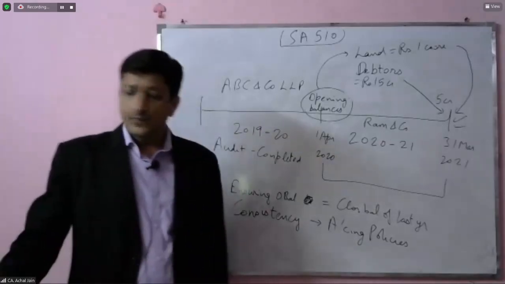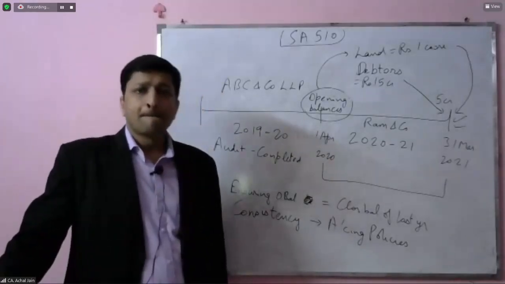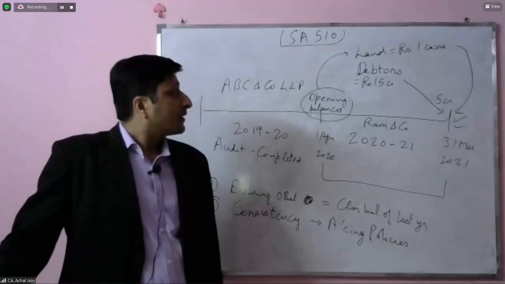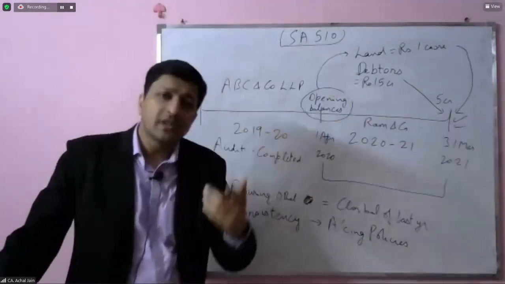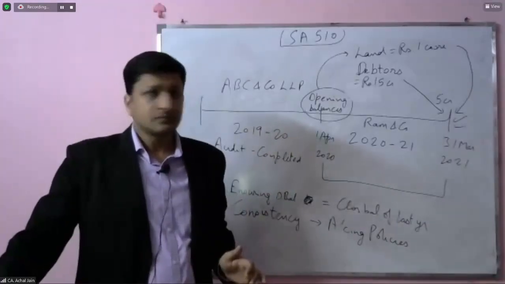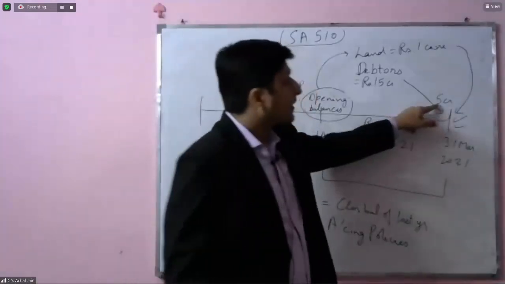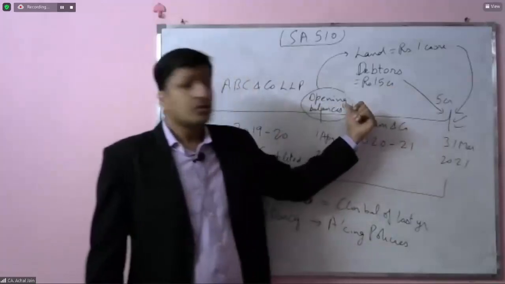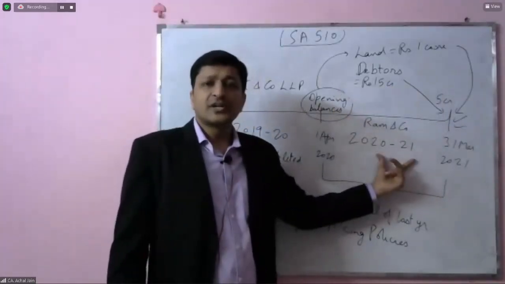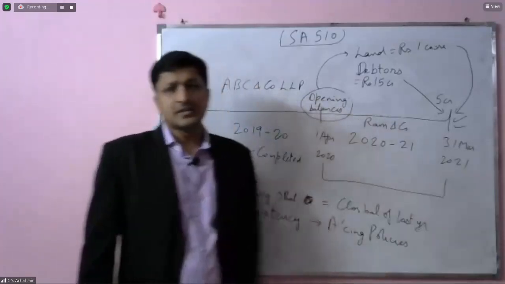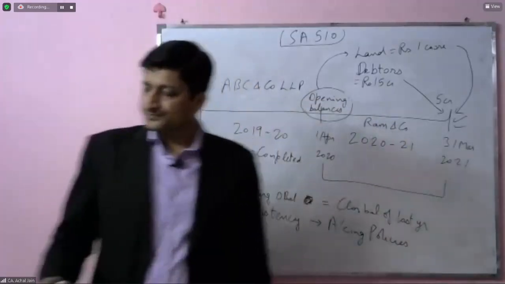Another scenario which is possible could be that out of these 5 crore, 2 crore is still outstanding. Means this 5 crore comprises of 2 crore of the opening balances and 3 crore which is generated due to current year sales. This is the second scenario.